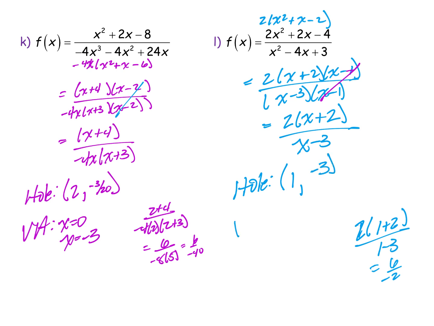Okay, and then what are my vertical asymptotes? x equals 3. Is that right? Beautiful. Okay, there you guys go.